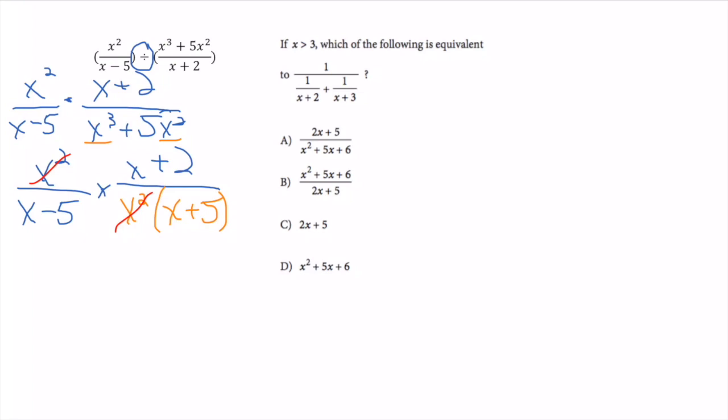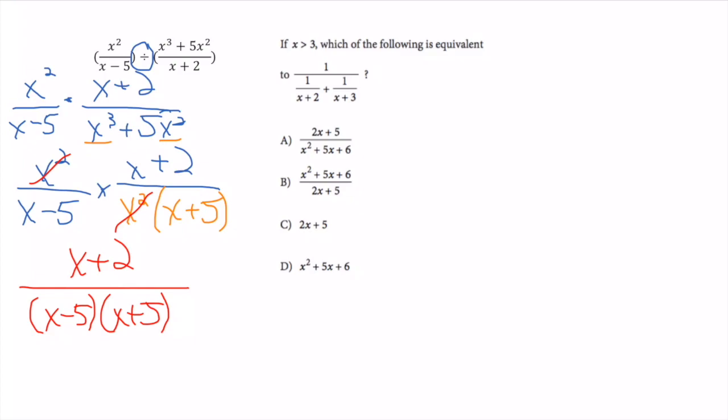So again, by factoring things out, hopefully I'll end up being able to eliminate, and it just reduces the amount of work I have to do. So what I'm left with is x plus 2 on top, and x minus 5, x plus 5 on the bottom.